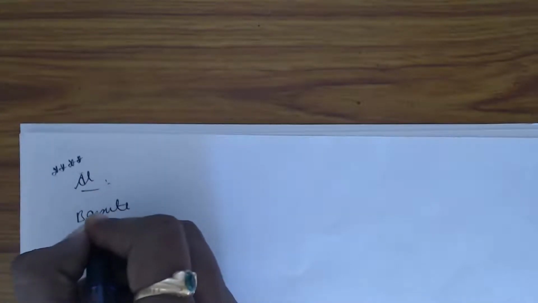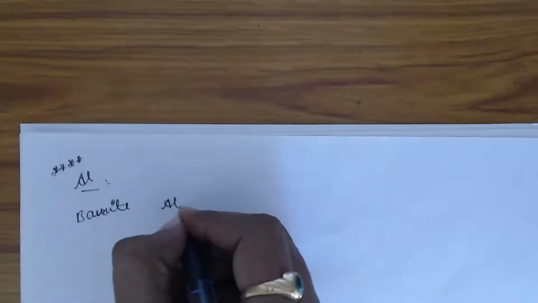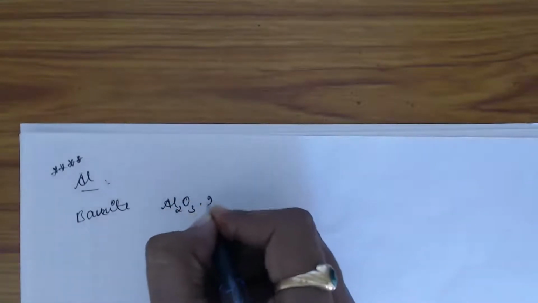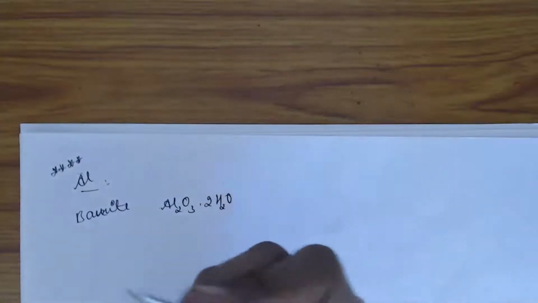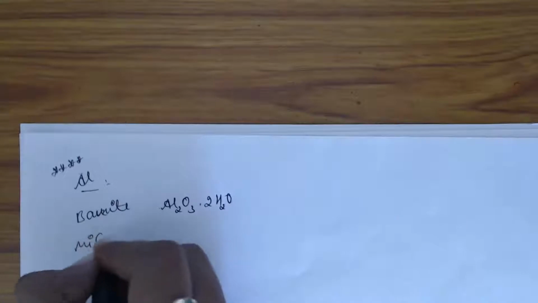The next important ores, as I told you, are for aluminium. This is a very important thing which you are going to study. The aluminium ore is bauxite. Bauxite means Al2O3.2H2O. Correct? Mica is there.